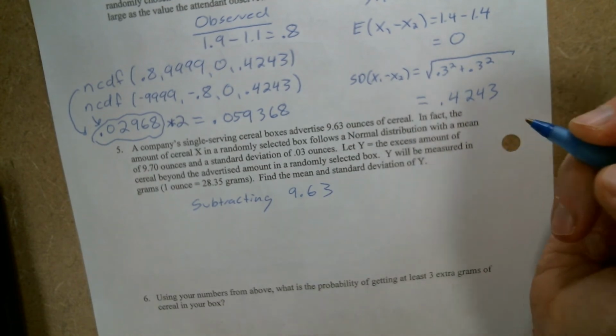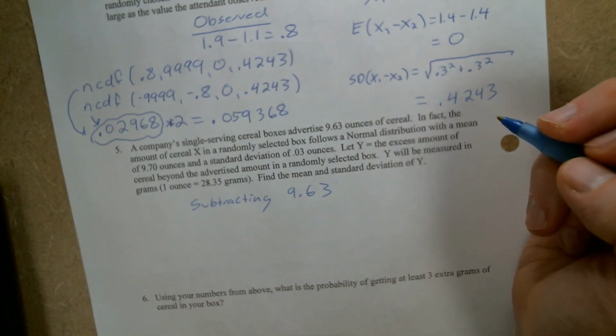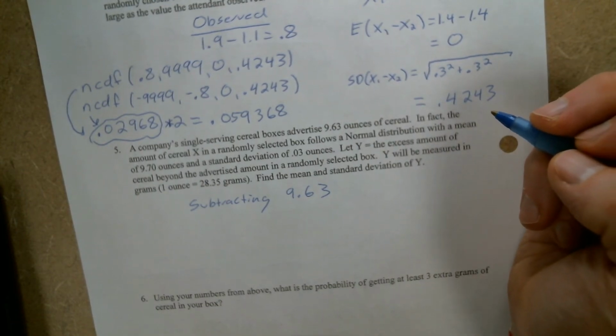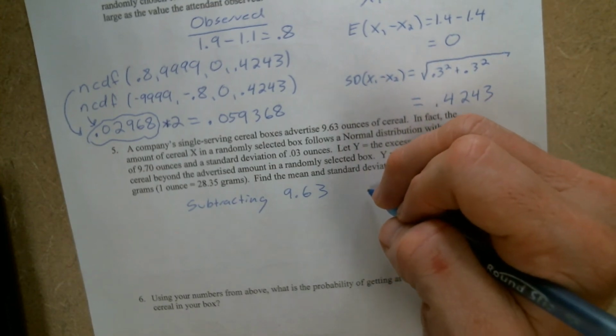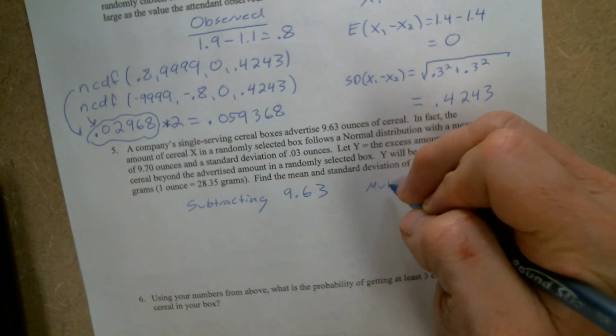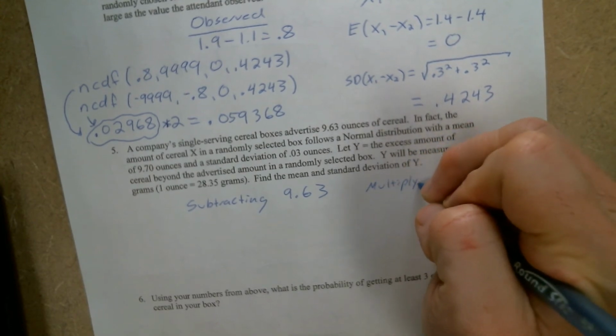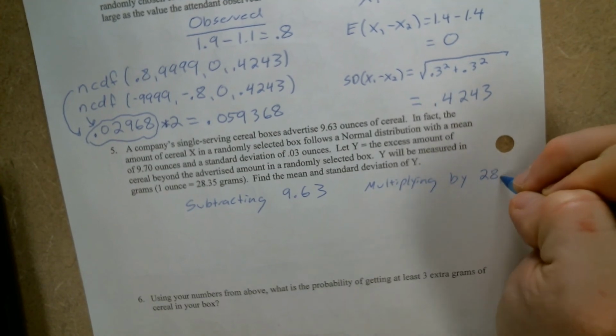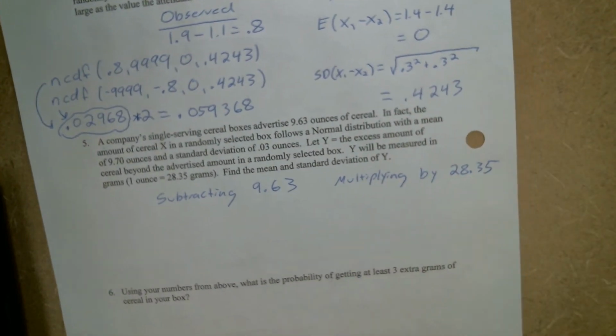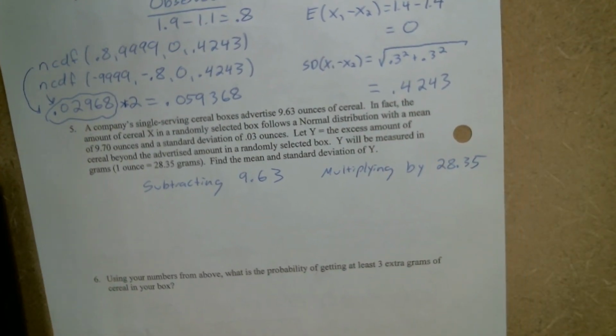And if we're converting from ounces to grams, 1 ounce is 28.35 grams. So we are multiplying by 28.35. All right, so this is two separate transformations.